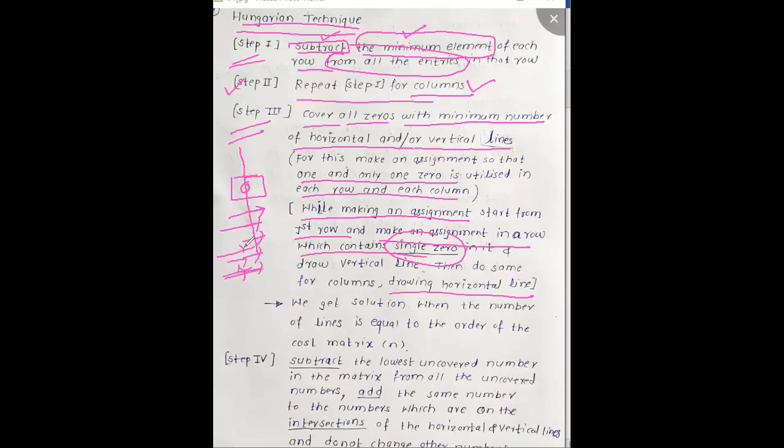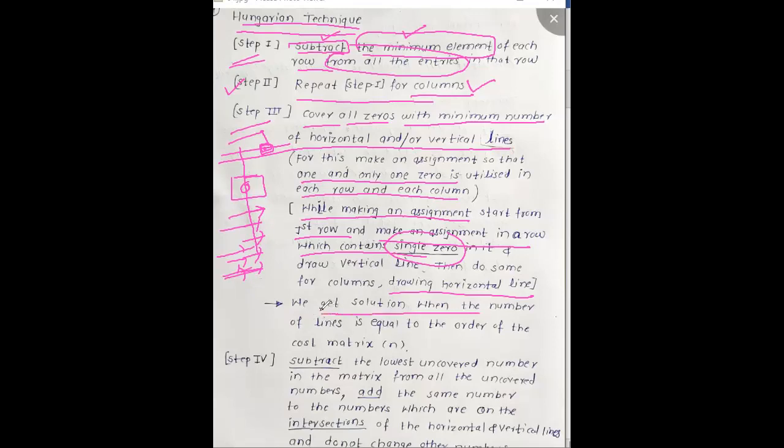Suppose the third column contains a single zero, then we use that zero in the third column and draw the horizontal line. That means when we make an assignment in the column, we draw a horizontal line. So in this way, we get vertical lines and horizontal lines. For one assignment, we are drawing one line, either horizontal or vertical.